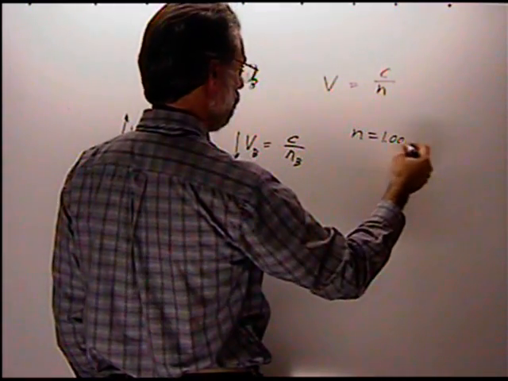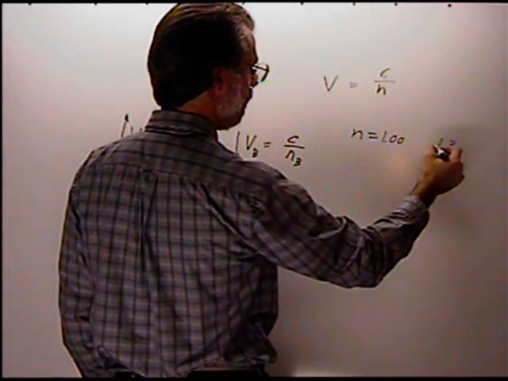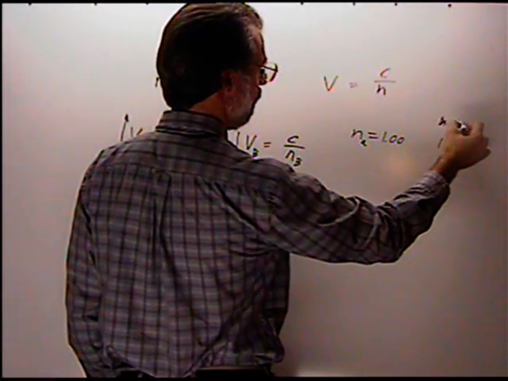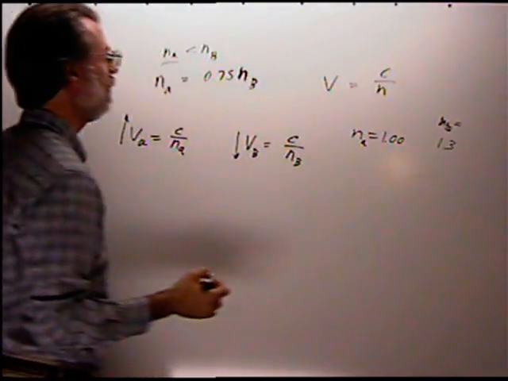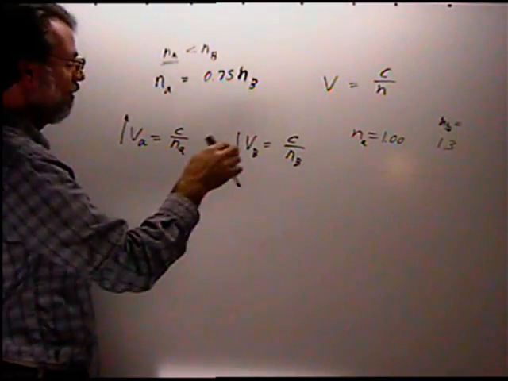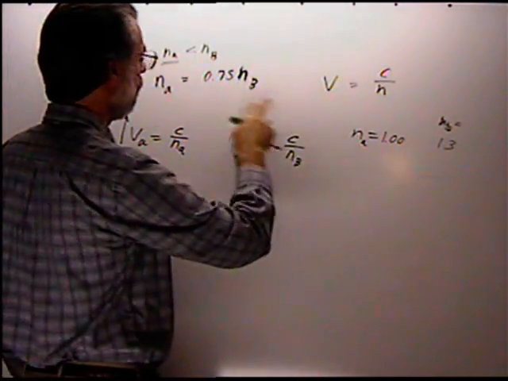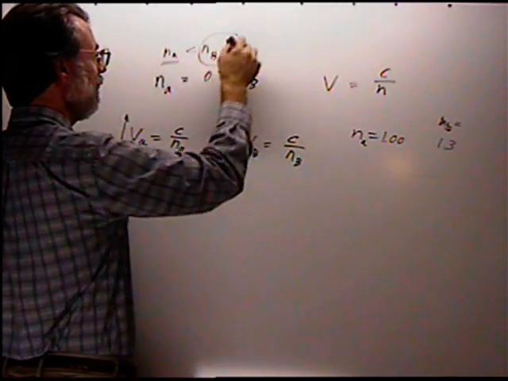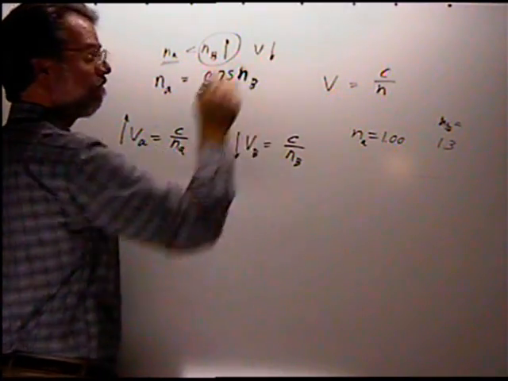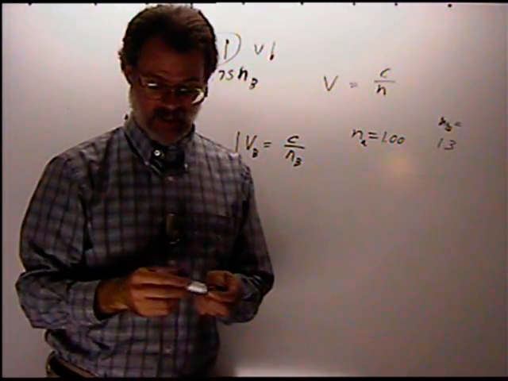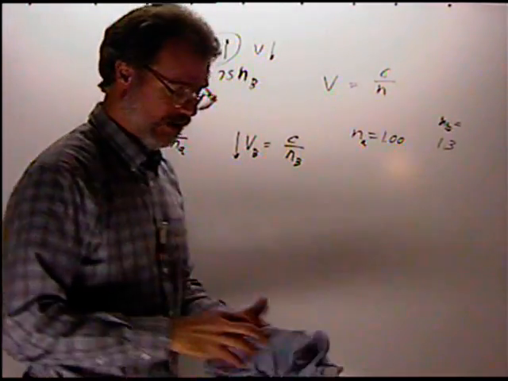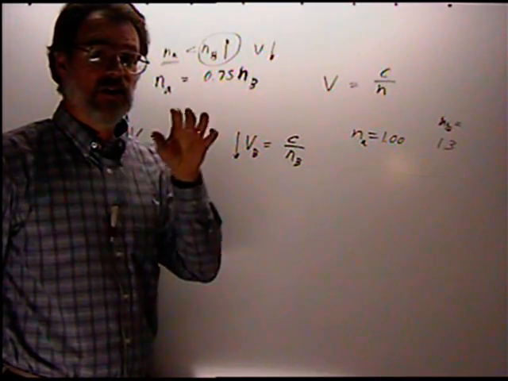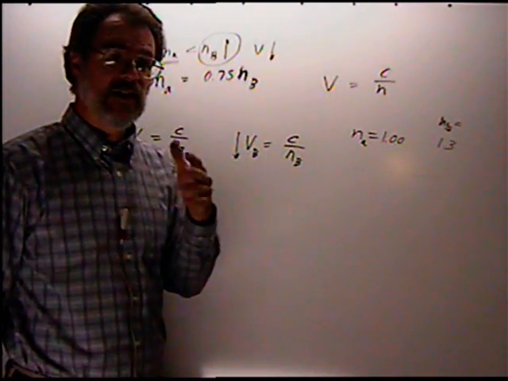So it's kind of like we're comparing 1 to 1.3, maybe this is nA and this is nB. So the speed of light is slower when the index of refraction goes up. In other words, another way to think about it is the speed of light in glass is slower than, say, in air.